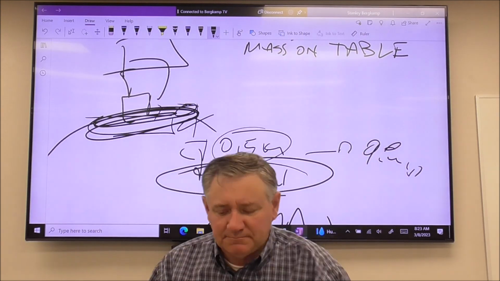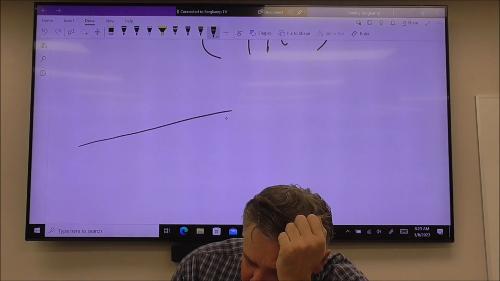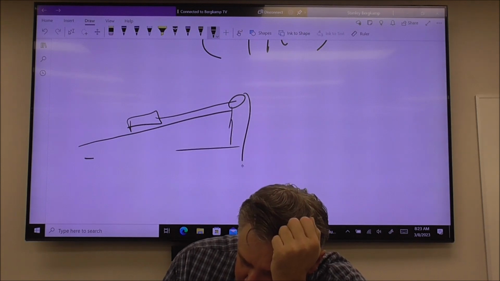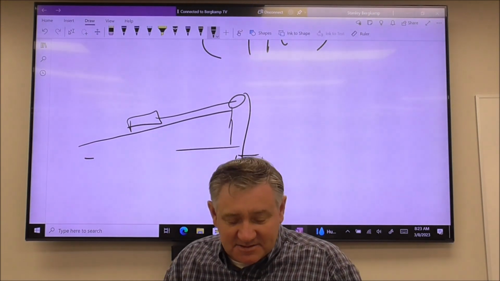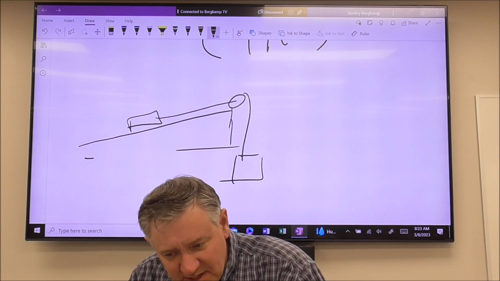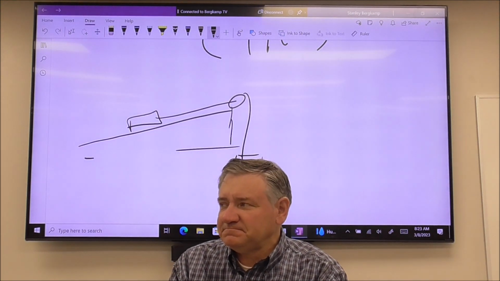Situation number 3. Now we're going to put Jaden on an incline. Sorry, Jaden. Okay? So we're going to put Jaden on an incline. Oh, incline planes. What are the 3 forces that are always present on any inclined plane? Peyton, what's one of them?